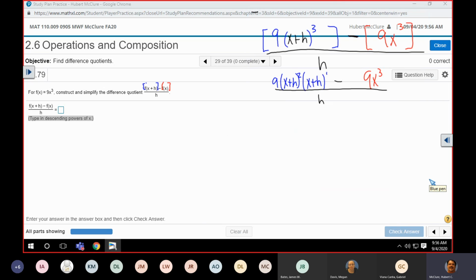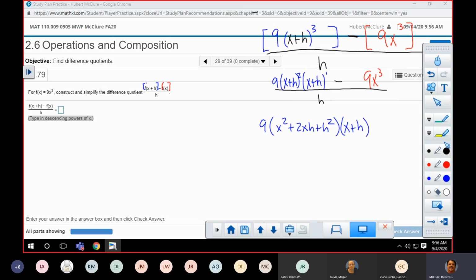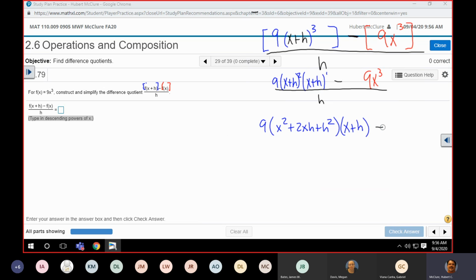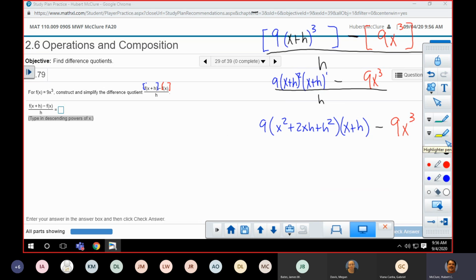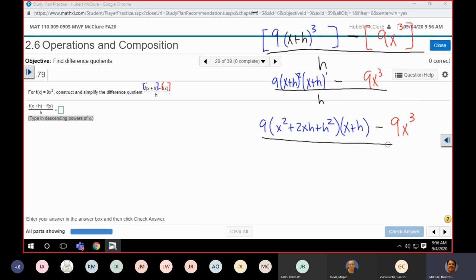So that's going to be 9 times x squared plus 2xh plus h squared, times x plus h, minus 9x cubed, over h. Every time I hit black, it turns on. Over h, I'm sorry.